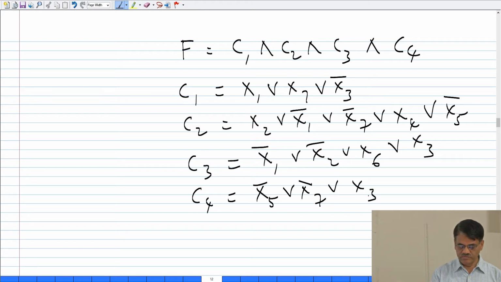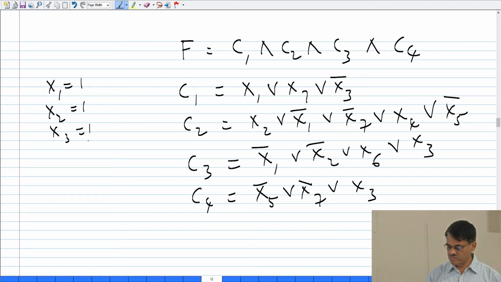X1 is 1, x2 is 1. Any other variable can take anything else. So, x1 is 1 would satisfy C1, right. To satisfy this, any one of these is enough: x1 is 1 or x7 is 1 or x3 is 0 is enough.